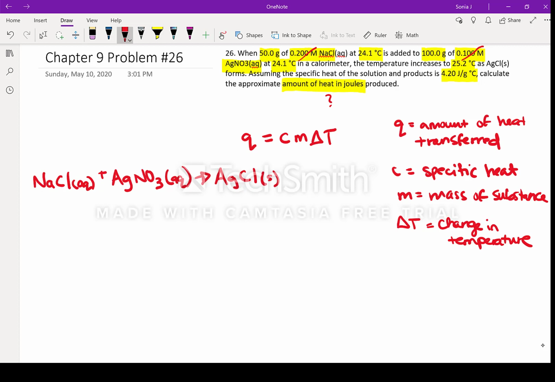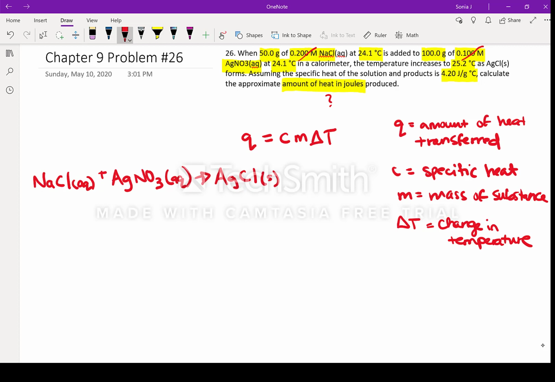Because of that, to find our mass, if we look at this information that we have here, we know that C is going to be the specific heat that was given to us already, which is the 4.20 joules per gram degrees Celsius.